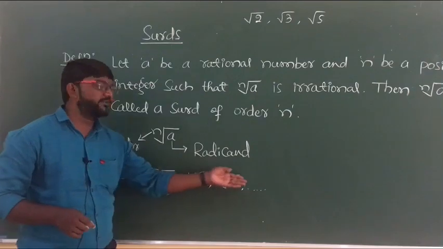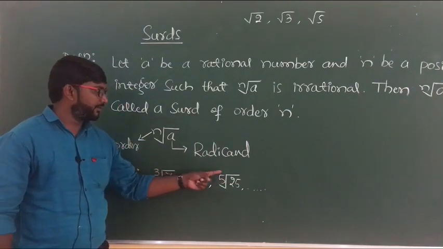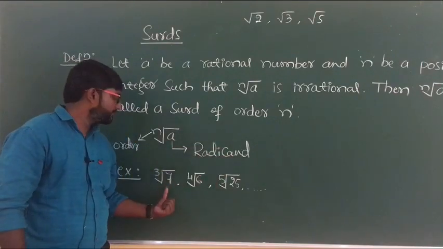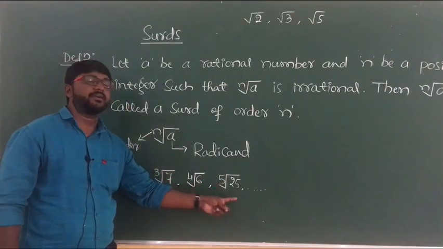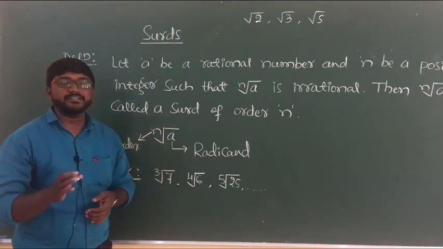Like this you can give many examples. Here 3, 4, 5, observe these numbers. These are all the orders of these surds, and here 7, 6, 25, all these are radicands. So this is all about the definition of a surd.